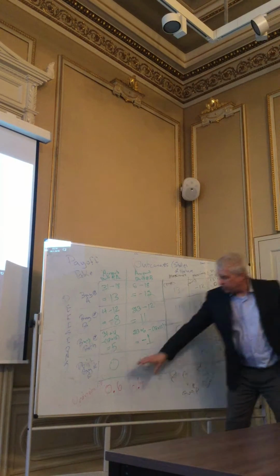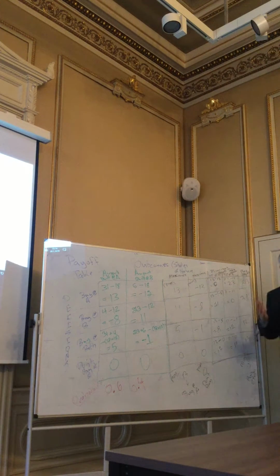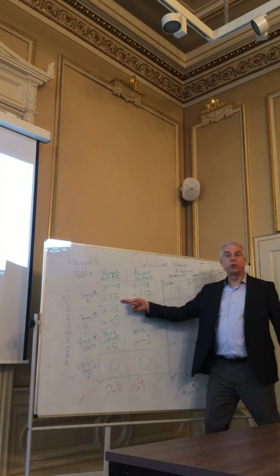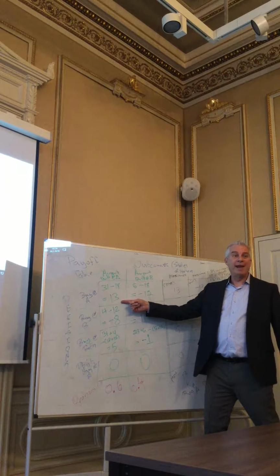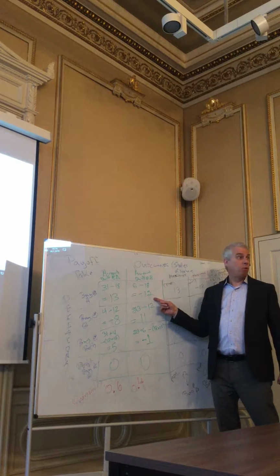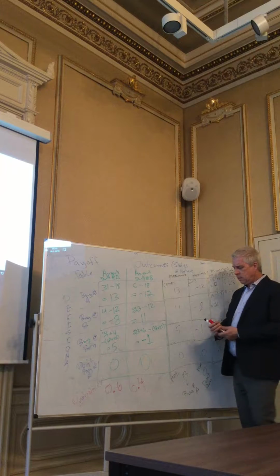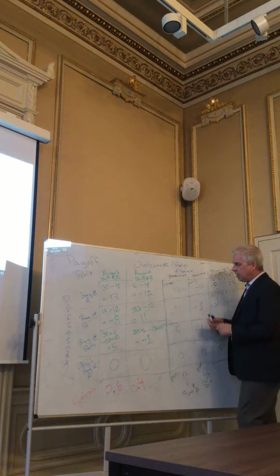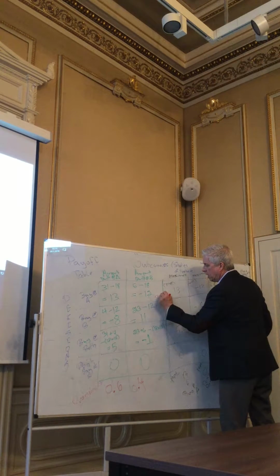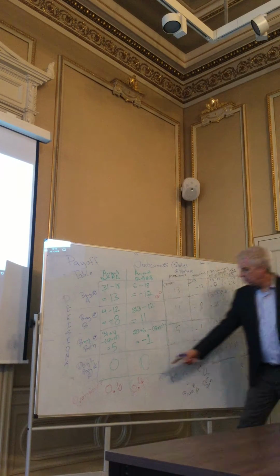We're going to take these probabilities and we're going to weight them by these payoffs and calculate expected payoffs, okay? So 0.6 times 13, 7.8, plus 0.4 times minus 12, minus 4.8. 7.8 minus 4.8 sounds like 3.0.